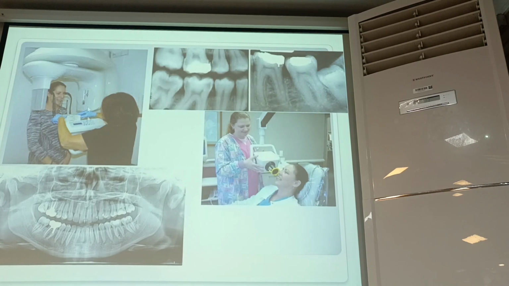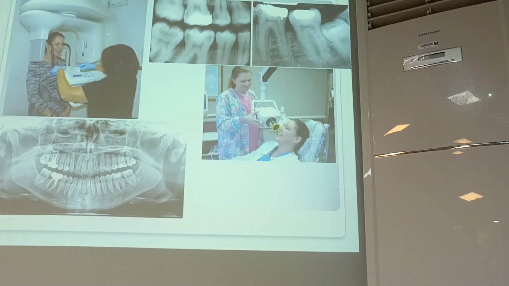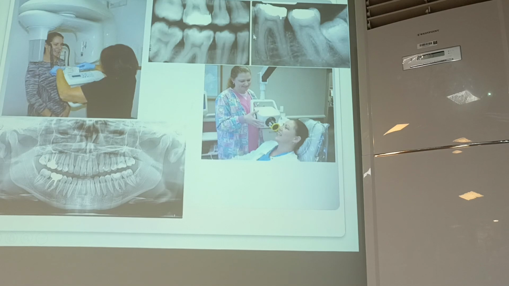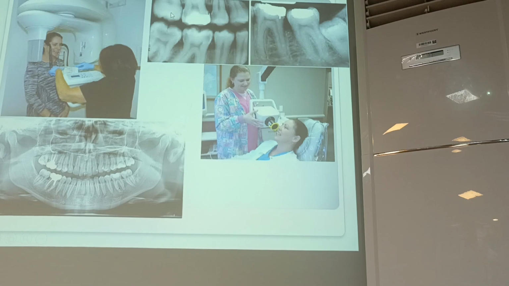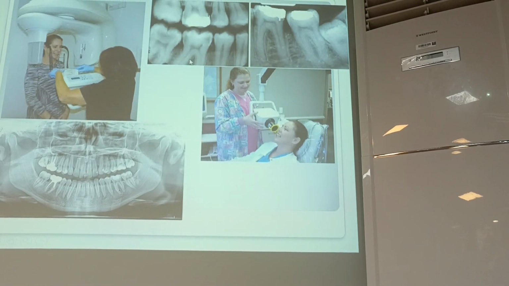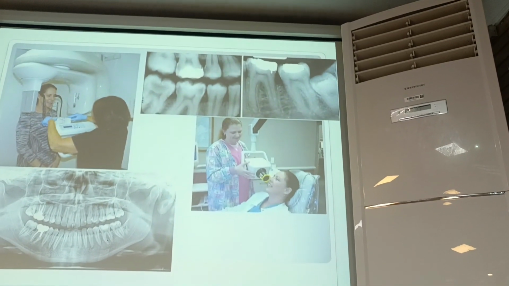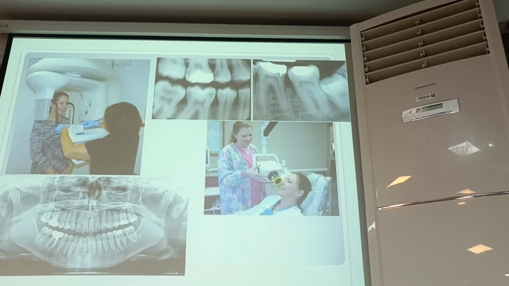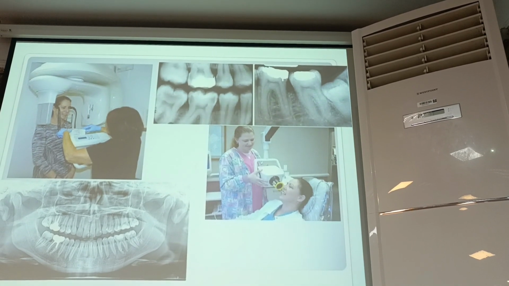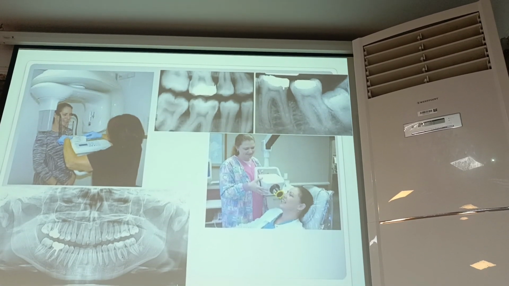And also here you can see an intraoral radiograph with a special device producing a periapical radiograph or bite-wing. In bite-wing, we have a radiograph of both upper and lower teeth, just for the crown part of the teeth. If we want to check the tooth roots, we should provide a periapical radiograph.